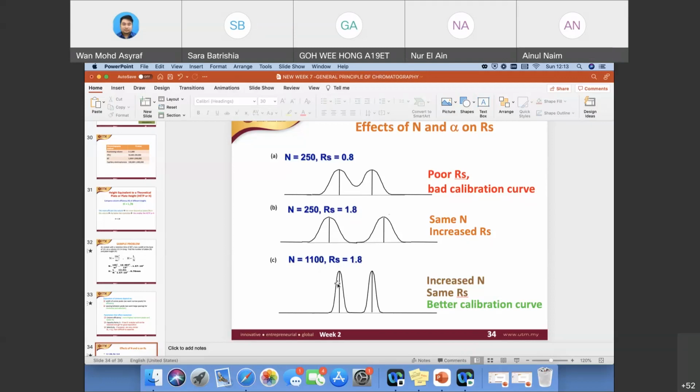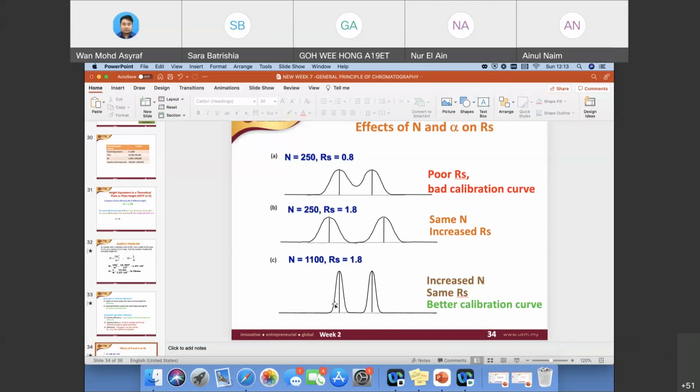You can see that the increase in plate height would create a narrower peak. This peak, A and B, A lagi lah, but you can look at B. It has a good separation, but the peak is quite broad. What we want to achieve is a narrow peak, which is represented by the high number of plates here and a good resolution. So increased number of N, same resolution, better calibration curve.